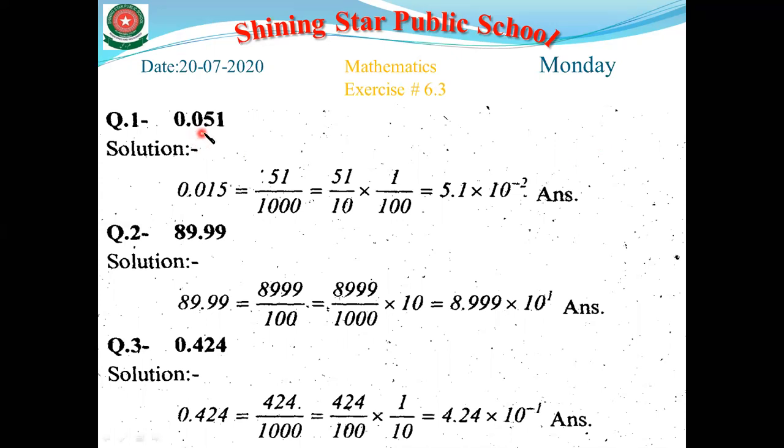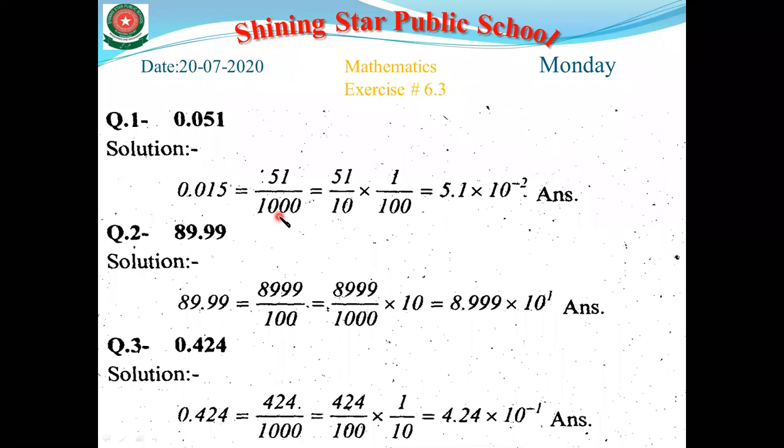As in 0.051, we only have 1 digit before the point, but the problem is that it is 0. We always have 1 digit between 1 and 9, any digit. So the first rule is that before the point we have only 1 digit, and that digit is from 1 to 9.